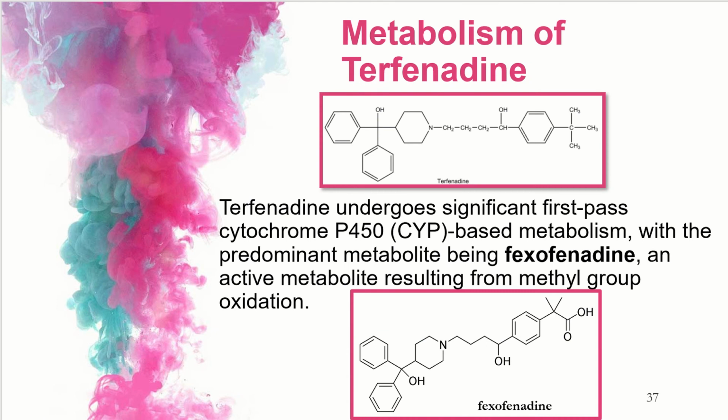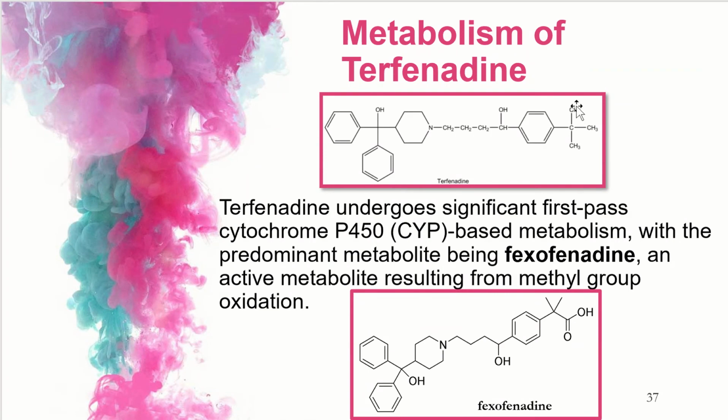In terms of the metabolism of terfenadine, it undergoes significant first-pass cytochrome P450 or CYP-based metabolism, with the predominant metabolite being fexofenadine, and you might be familiar with this, an active metabolite resulting from the methyl group oxidation. So this is the structure of terfenadine. This is the structure of fexofenadine.